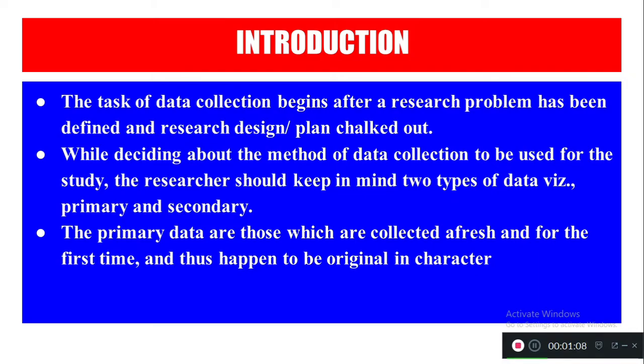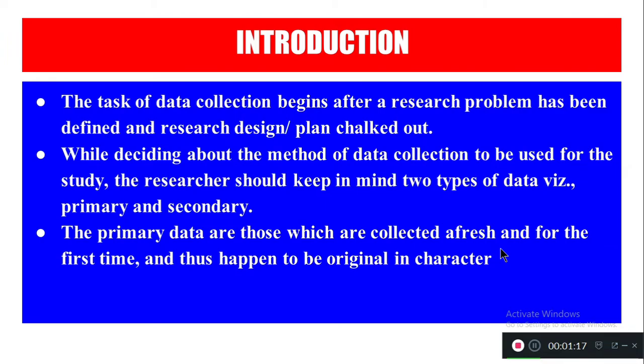One is primary data, another one is secondary data. The primary data are those which are collected afresh, that is the information which we go directly and collect. The first hand information or the fresh information which represents the original character of the sample is called primary data.